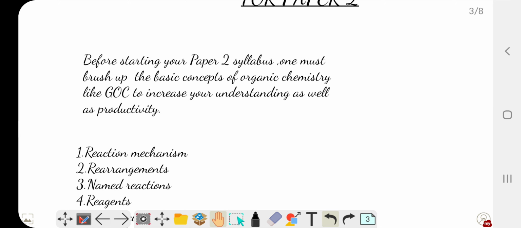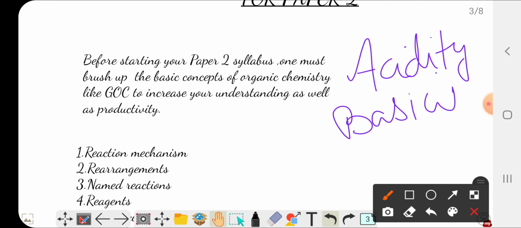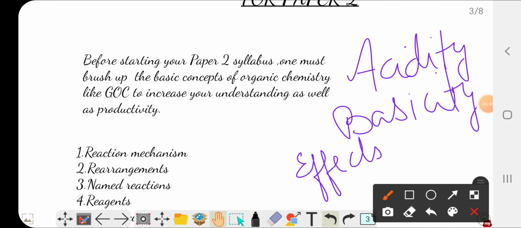After that, you should know various effects that occur in molecules, like inductive effect, mesomerism, and many more.